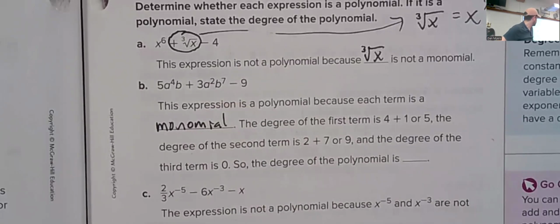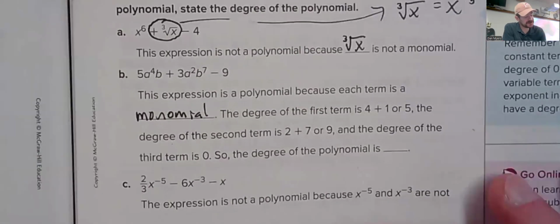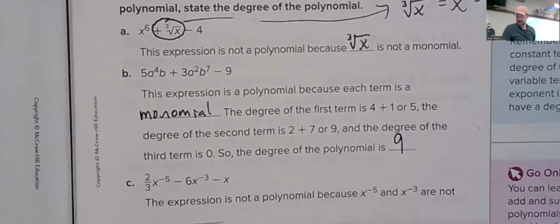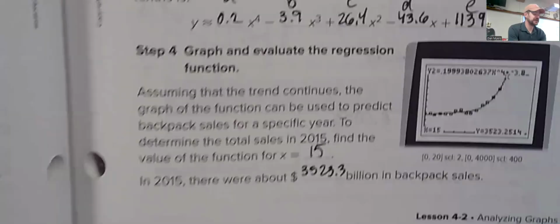What's the degree of the polynomial? No. How do you find the degree of a polynomial? Yeah, it's 9. The degree of the polynomial is 9. It's just like what we saw wrapping up lesson 4.2 about 15 minutes ago.